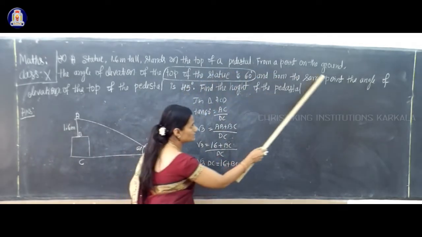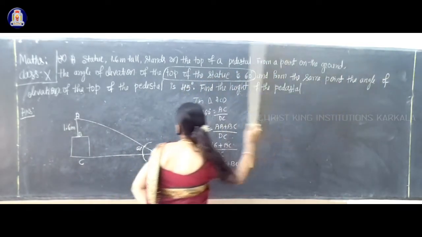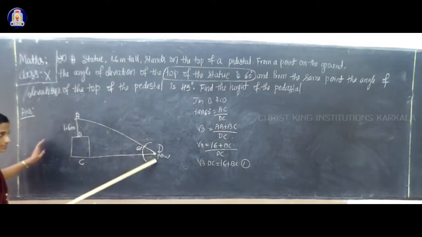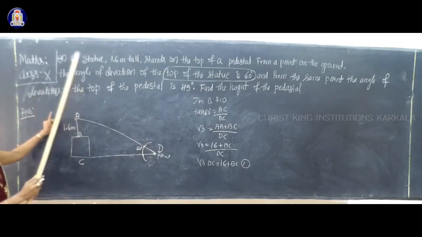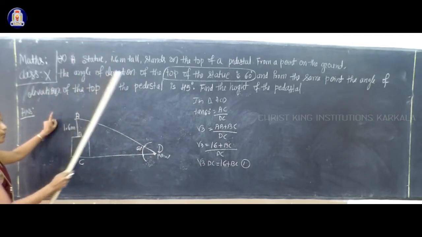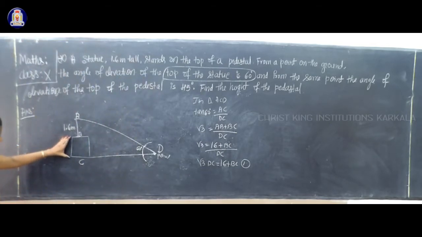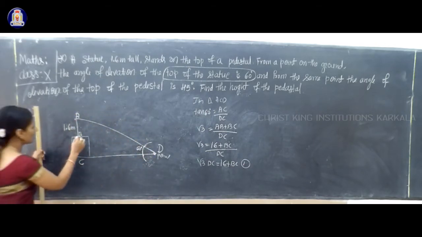From the same point, the angle of elevation is above that. The angle of elevation to where? To the top of the pedestal. The pedestal is BC, so B is the top of the pedestal. From where to where is the angle of elevation? From this point to the top. So what will your figure be?